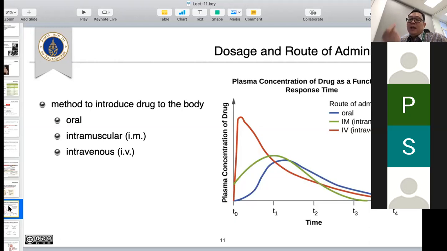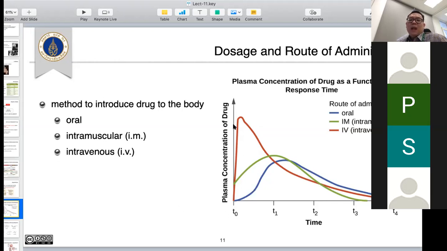Oral means the antibiotic in capsule and you take it. Intramuscular, you just inject it in the muscle, okay? Intravenous, you need to drip antibiotic into your vein, okay? 3 major routes.